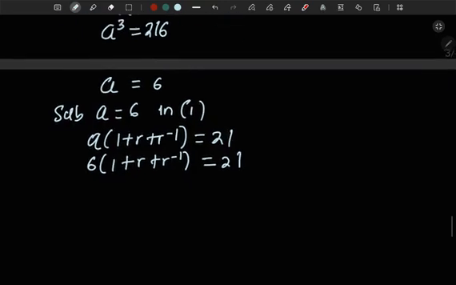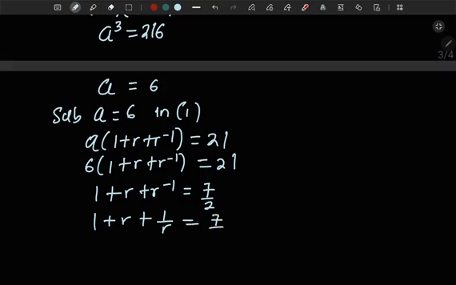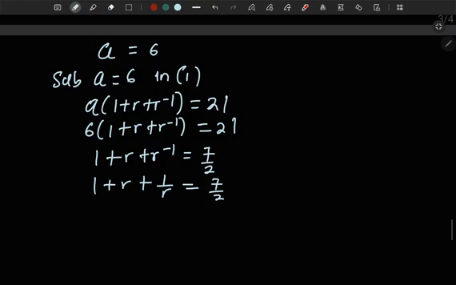So what happens after this? You divide both sides by 6, so you have 1 plus r plus r to the power minus 1 equals 21 divided by 6, which gives us 7/2. Don't forget r to the power minus 1 is the same thing as 1/r. What happens next? You multiply both sides by 2r, and when you do that, you're going to have 2r squared plus 2r plus 2 equals 7r.